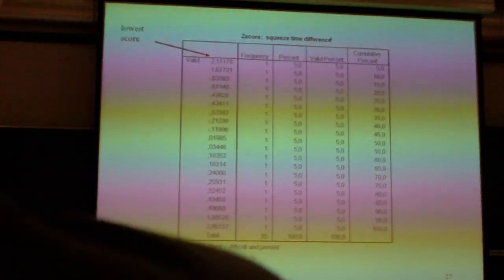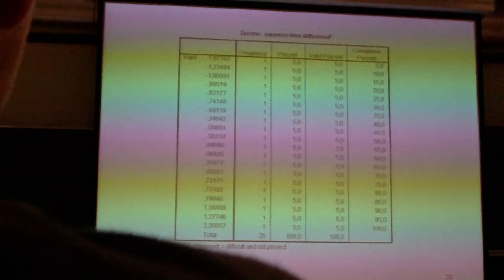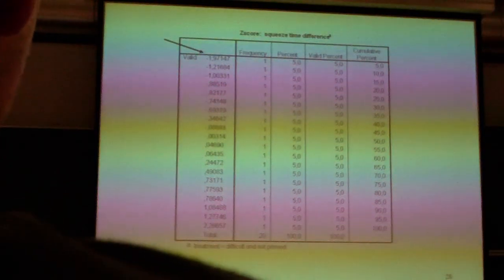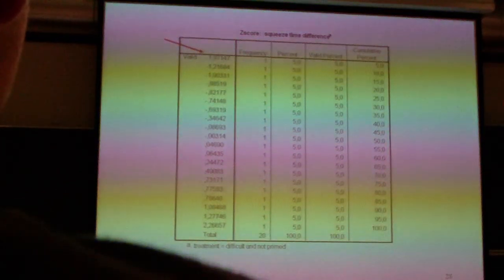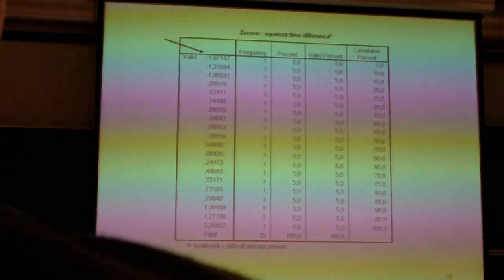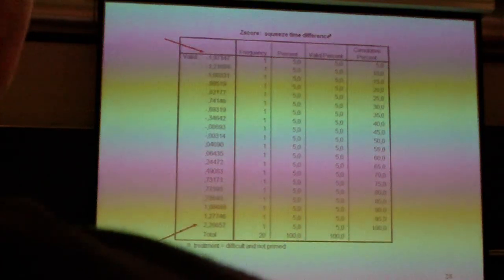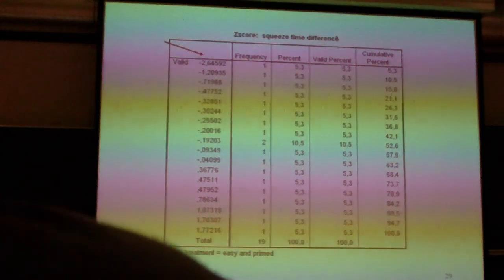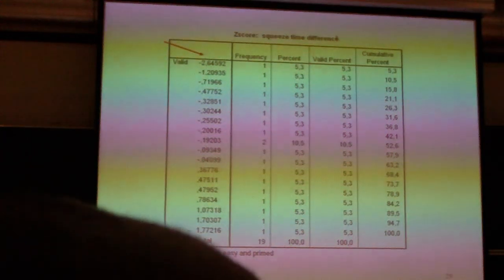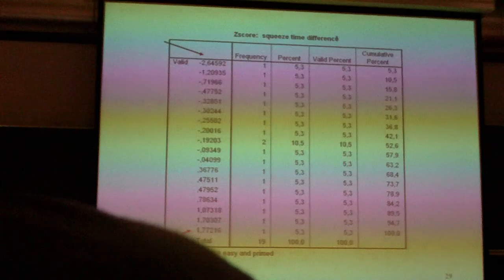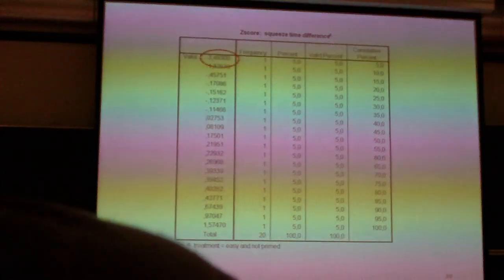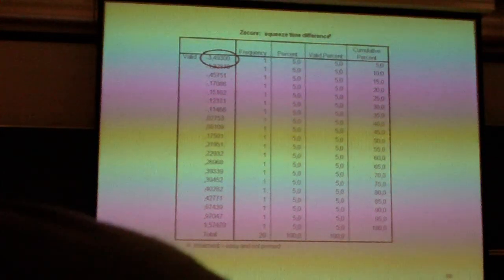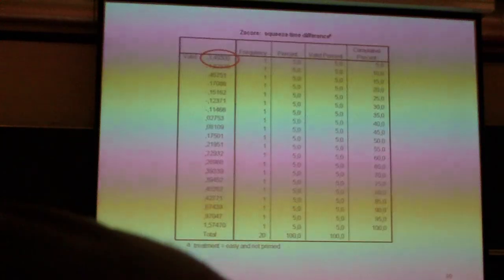In the second group, we can see that the lowest z-score was minus 1.97 and the highest score was 2.26. The third group, minus 2.64 and 1.77. And the last group, minus 3.5 and plus 1.57.